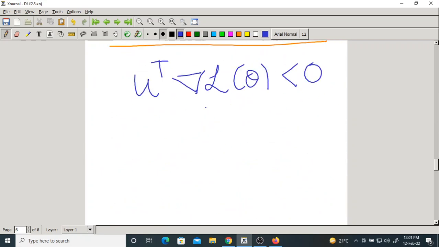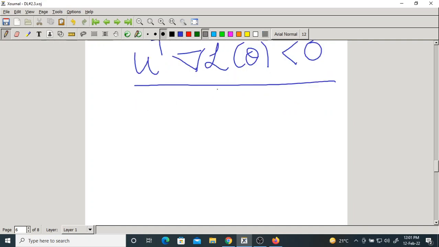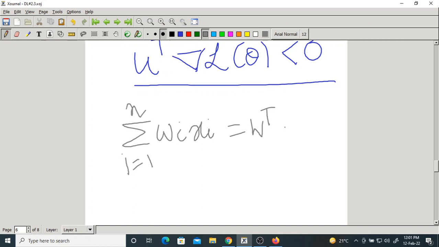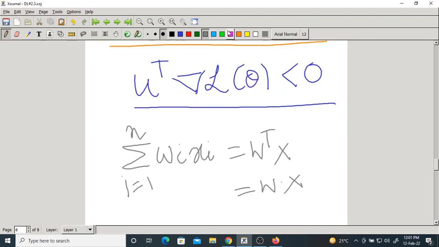Now, this is nothing but a dot product. Let me write here. If you remember properly, I told you, suppose summation wi xi, i equal to 1 to n, it is the same as w transpose into x, which is the same as w dot x. Now compare these two. W transpose x is the same as w dot x.